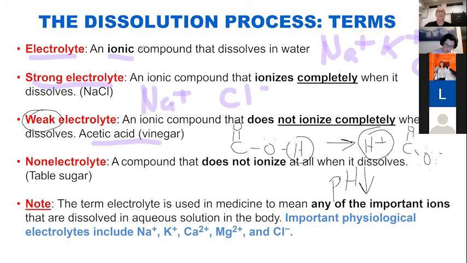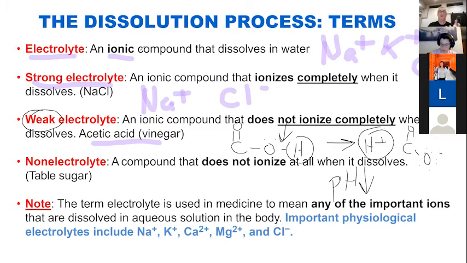Now, a non-electrolyte doesn't ionize at all. So when we dissolve sugar in water, sugar has all covalent bonds, and none of them break when you dissolve it in water. A weak electrolyte, like this one, also has a covalent bond, but it's a weak covalent bond, and it will break.